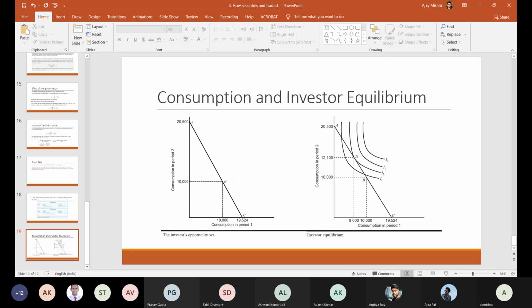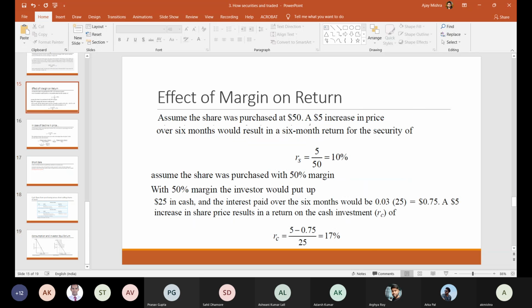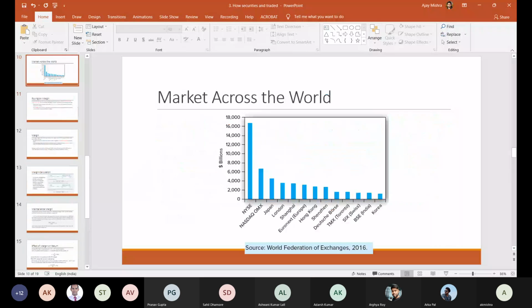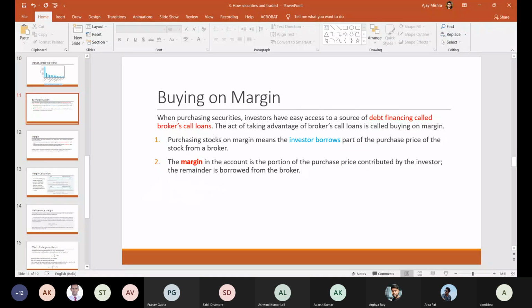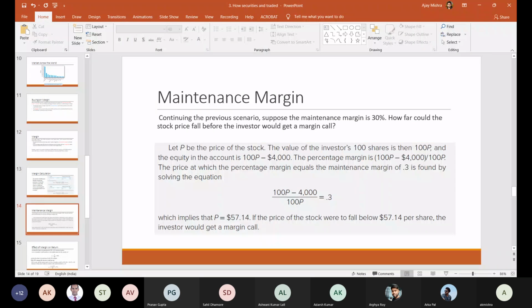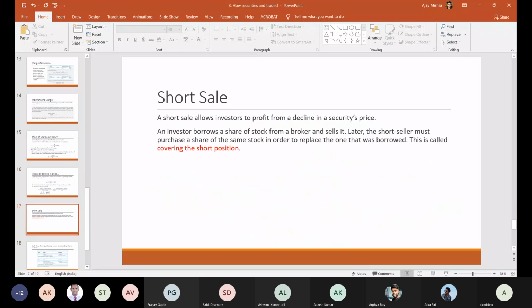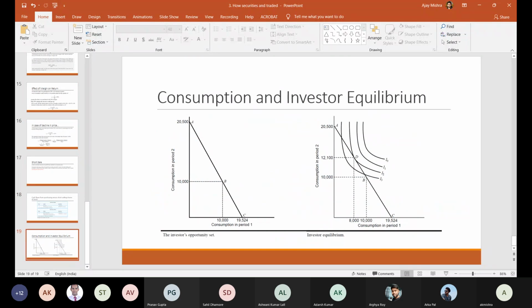Okay, so we will stop our discussion here, and I'll upload all these slides. What is left in this slide is our discussion on margin and then investor equilibrium.